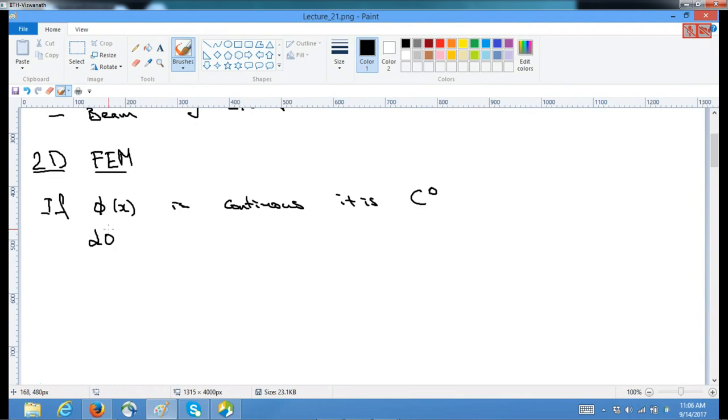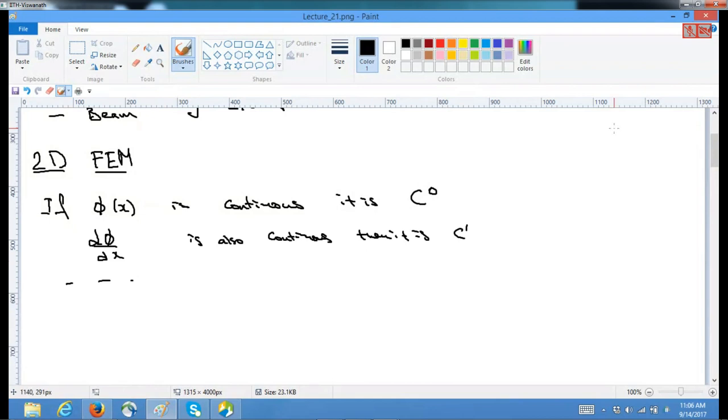If d phi by dx is also continuous, then it is C1 and so forth. Okay.